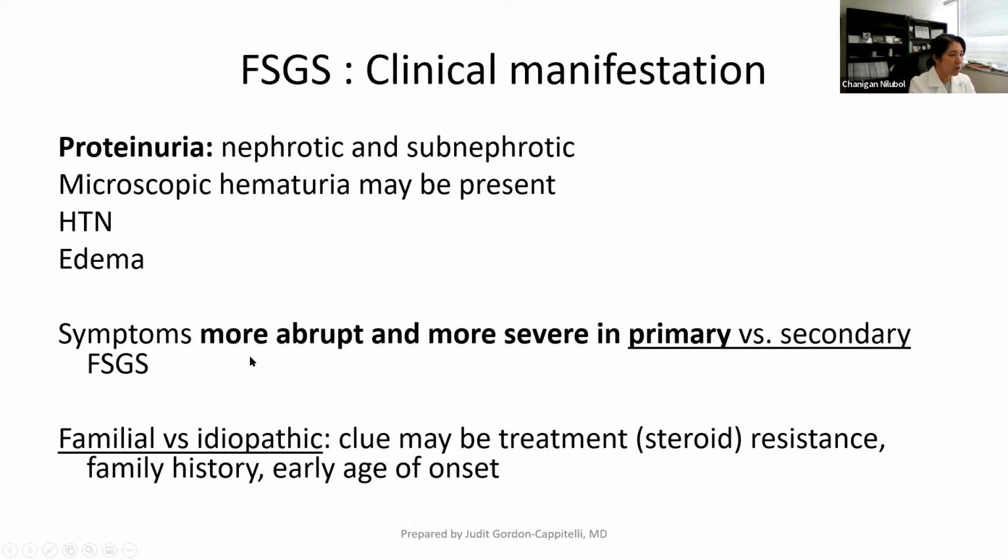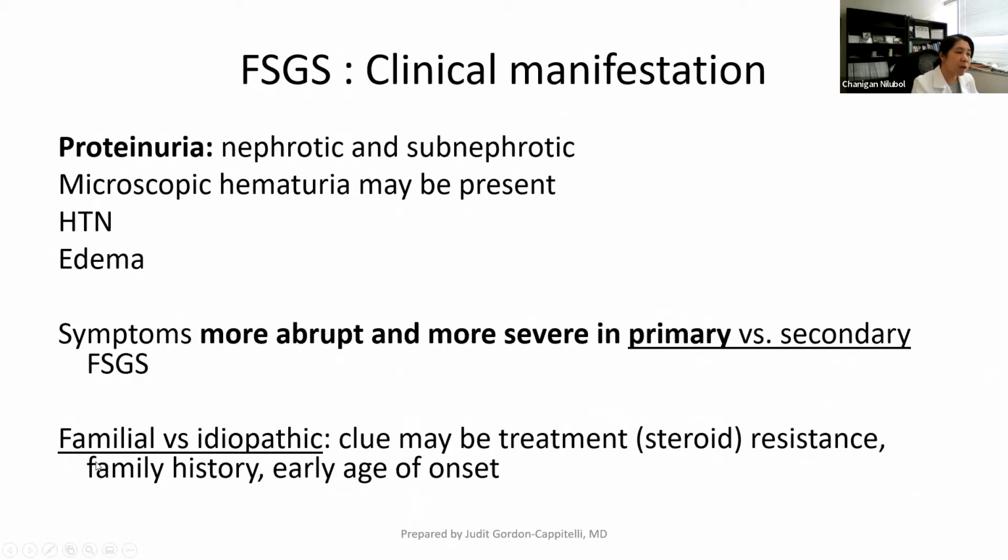Typically, if it's a primary FSGS, meaning that it's not secondary to hypofiltration or drugs or infection, the symptoms are pretty abrupt and more severe. And again, there are some clues for familial FSGS.